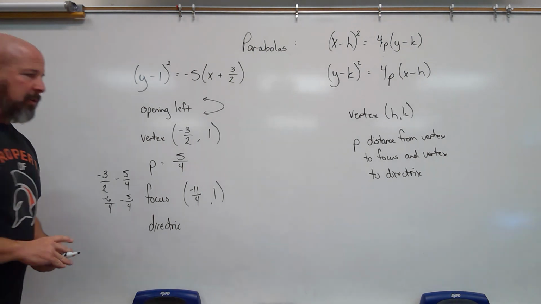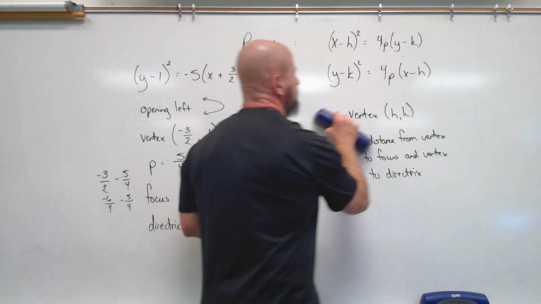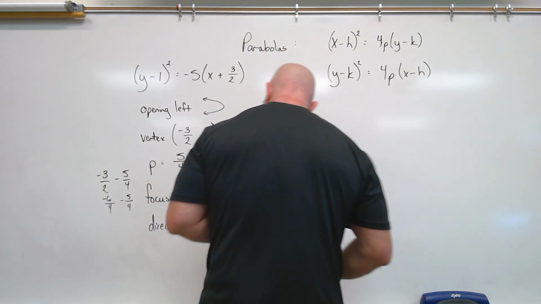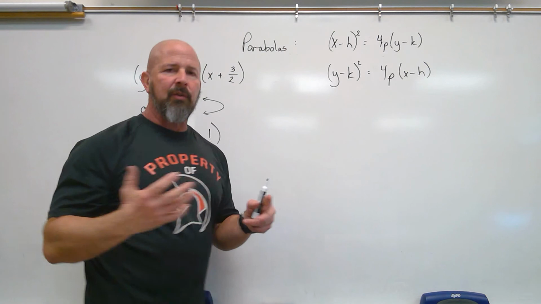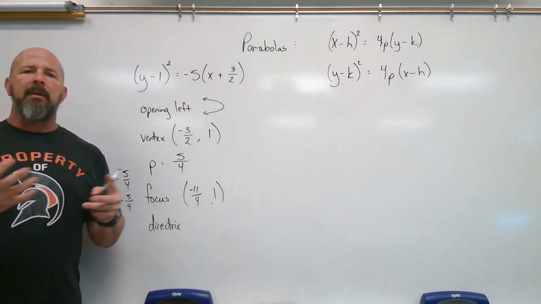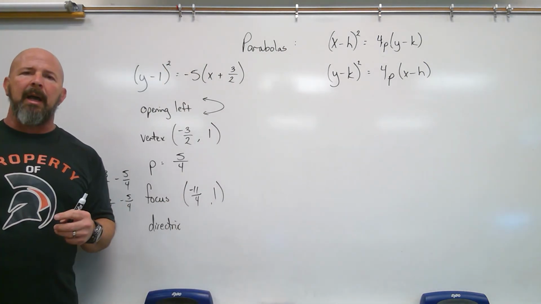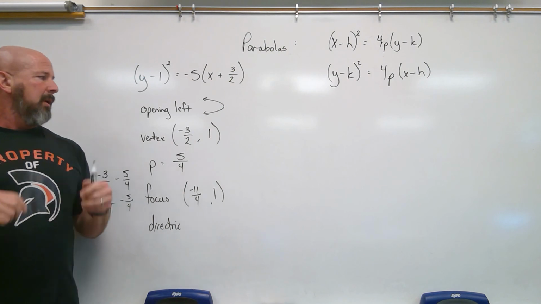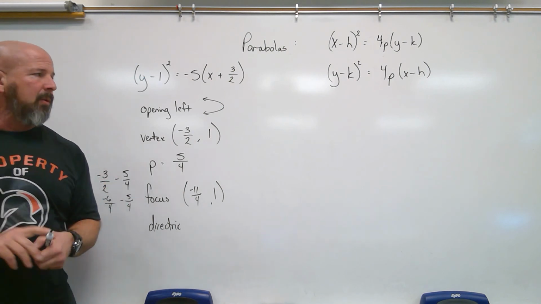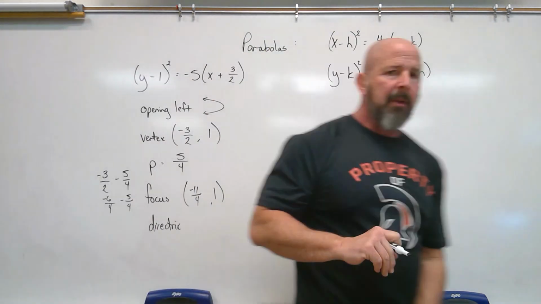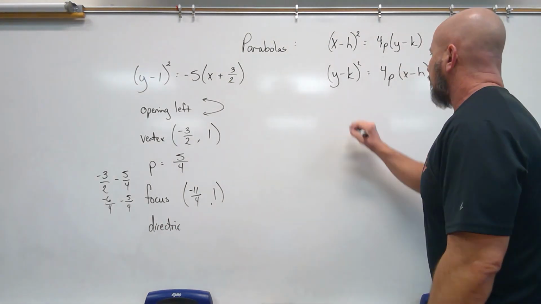I can also use a graph. Let's say I struggle with points moving left or right from that vertex. The first thing I would want to do then is plot my vertex.